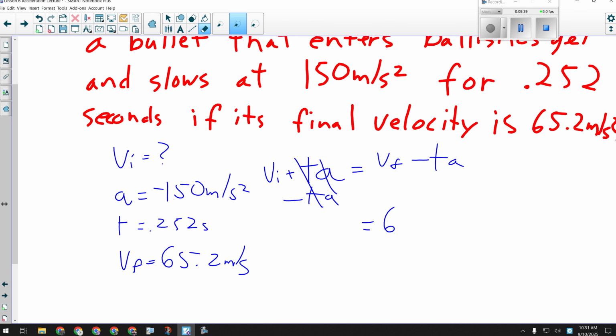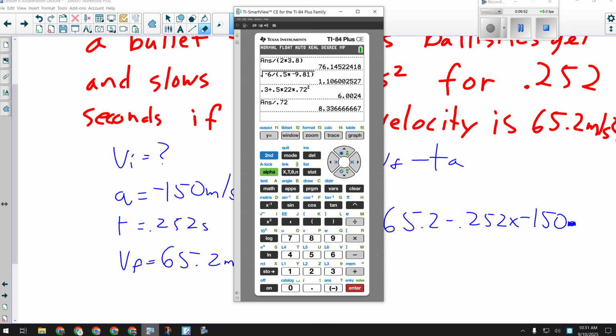So we'll have 65.2 minus 0.252 seconds times negative 150 meters per second squared. Okay, so 65.2 minus 0.252 times negative 150. So I'll be subtracting a negative number. That's going to give me a VI that's obviously larger than 65.2.